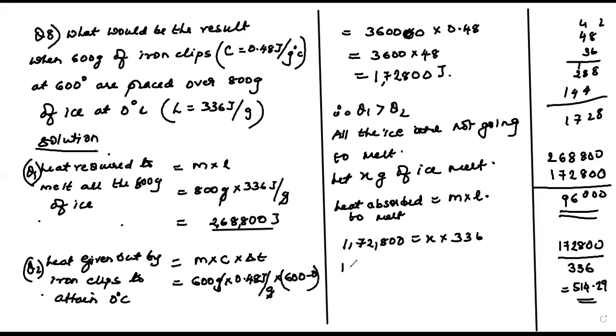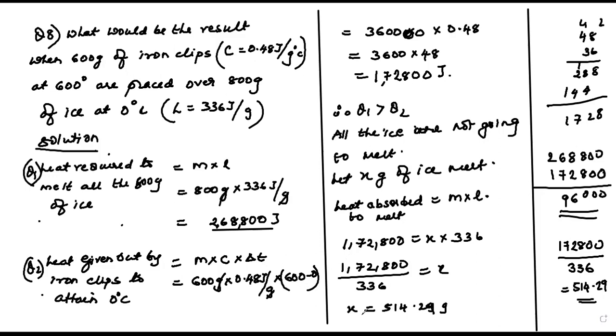So what will happen? 1,72,800 upon 336 will be equal to X. When I divide this, I get X equal to 514.29 gram.